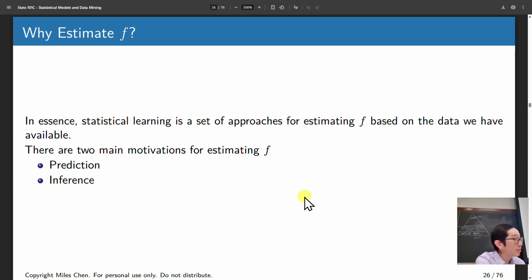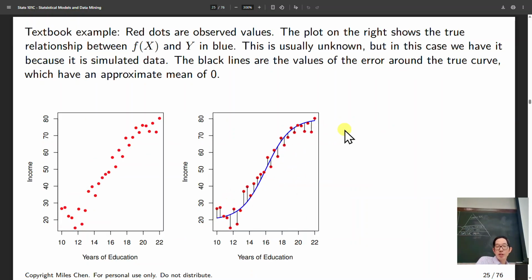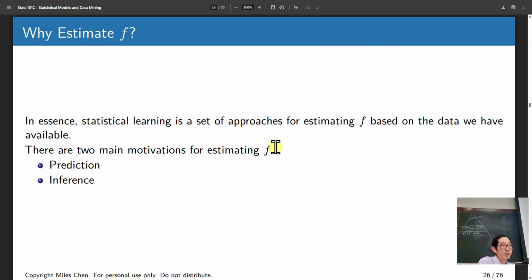So what we're doing in machine learning, statistical learning, is trying to figure out this true relationship, okay? And we have a bunch of different ways to go for it, right? Ultimately, the main motivations for estimating this function are either prediction or inference.